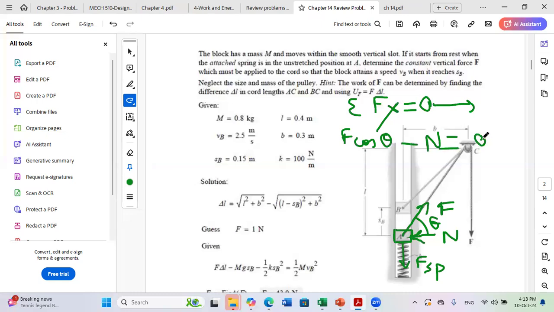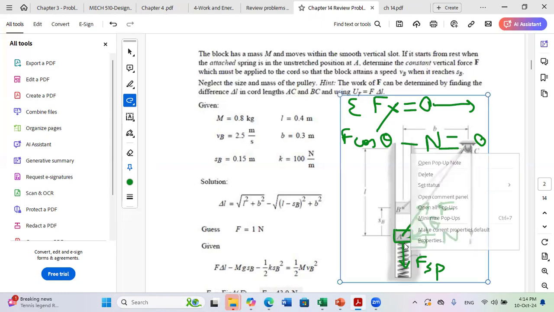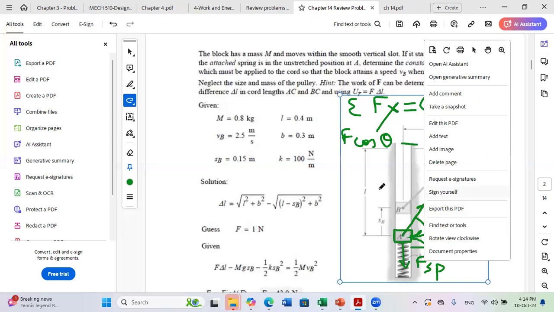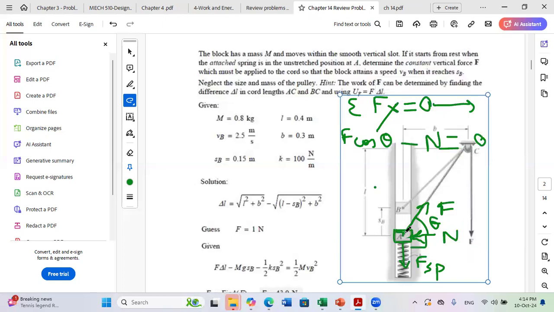Okay, but anyway, I don't need N because the work of N is 0 since N is perpendicular to motion. So the only forces doing work here are the spring force and F. But if I take the block as a system, it will be very challenging to find the work of F. Why? Because the angle of F has constant magnitude, but the change in direction.